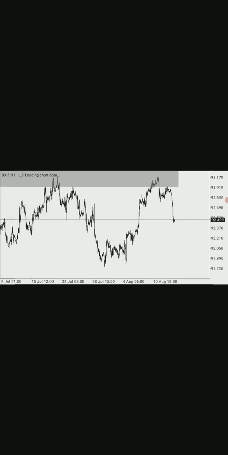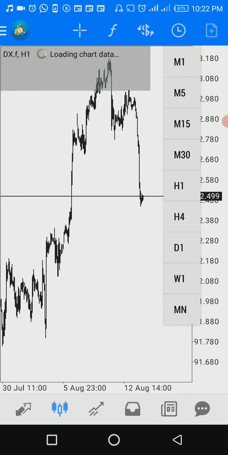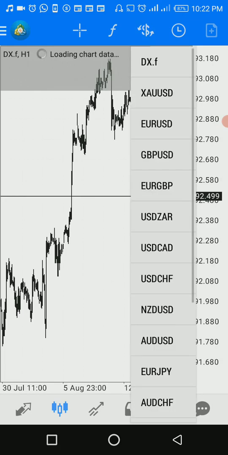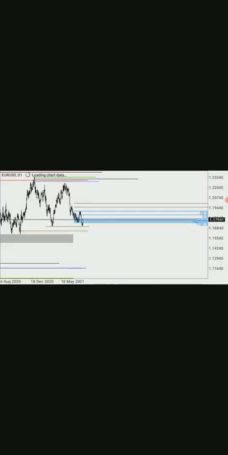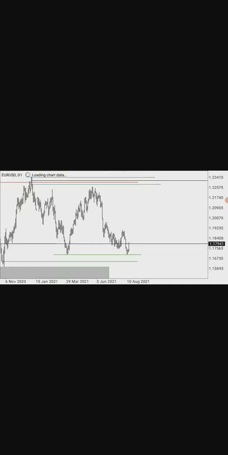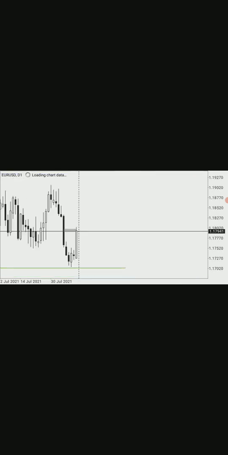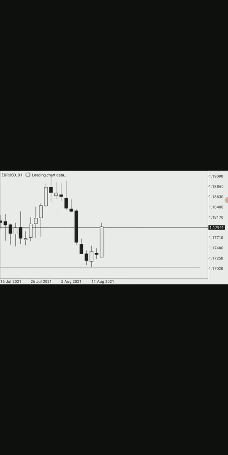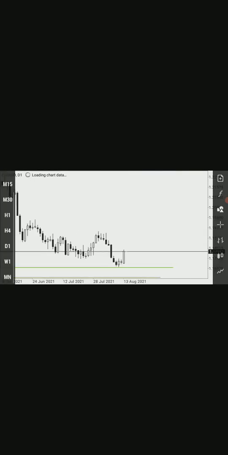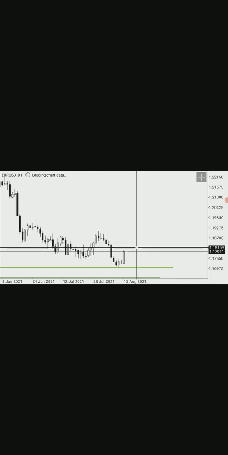Okay, and let's take a look at the euro. I'll be looking for this to trade higher, as I outlined early this month.